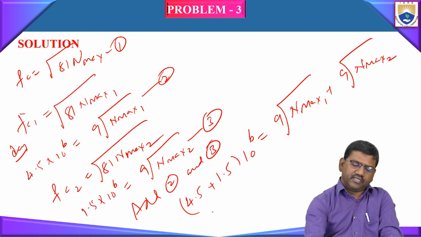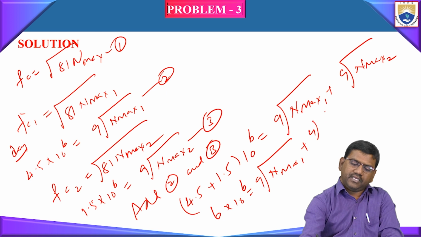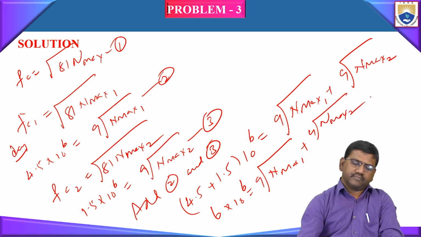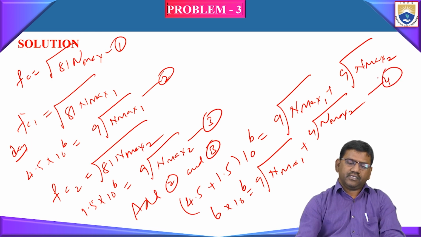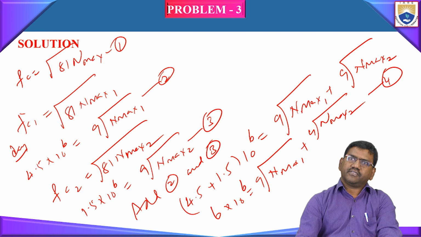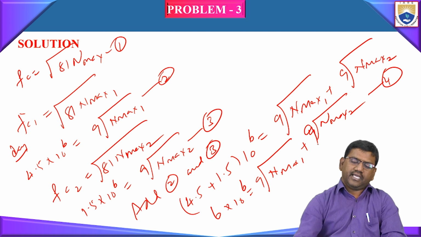So if we simplify this, we will get 6 into 10 power 6 is equal to 9 root n max 1 plus 9 root n max 2. Assume this as equation 4 here. So by adding 2 and 3, we got equation 4, that is 6 into 10 power 6 is equal to 9 root n max 1 plus 9 root n max 2.